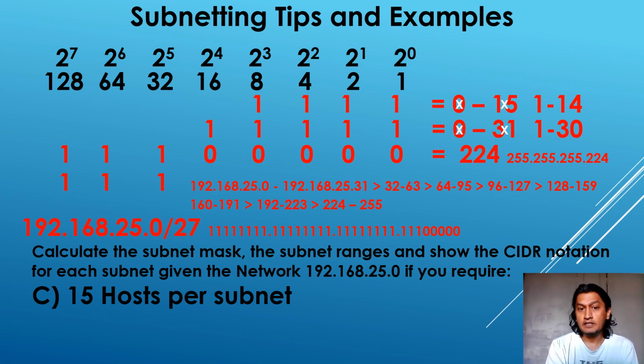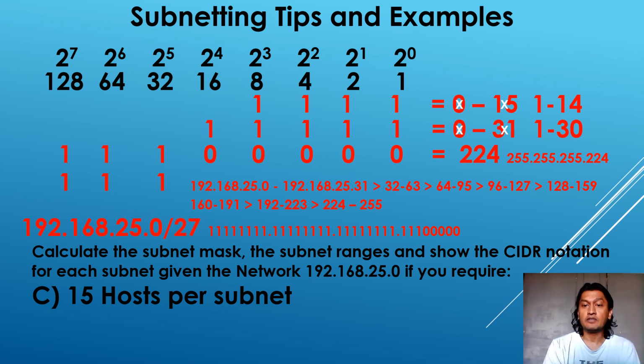My first address range starts at 192.168.25.0. The start of the next range is at 32, 192.168.25.32. The start of the next range is adding 32 to that again, which means 192.168.25.64.